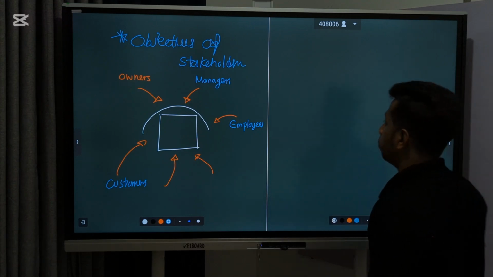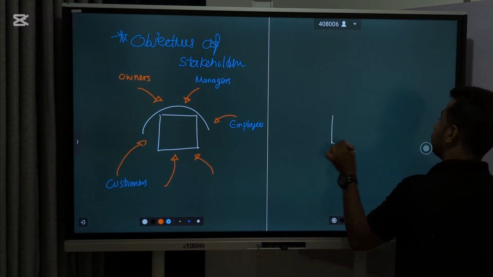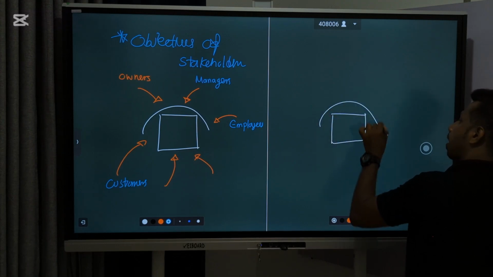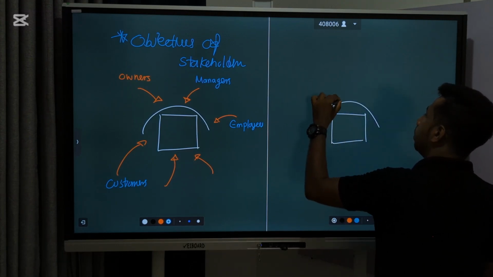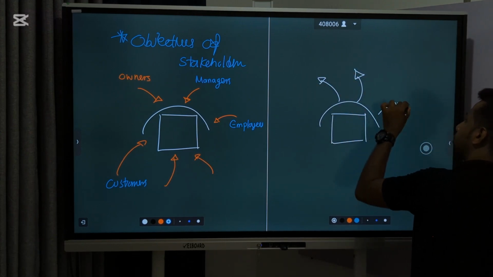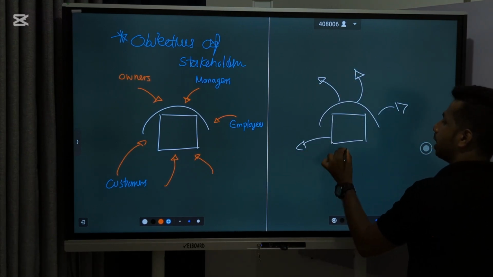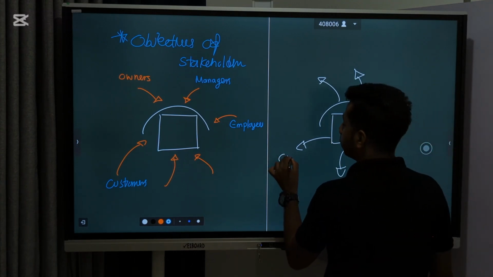Now I'm going to teach you, dear children, not the objective of stakeholders. As stakeholders have objectives, business also has an interest, my dear children, in each and every stakeholder.